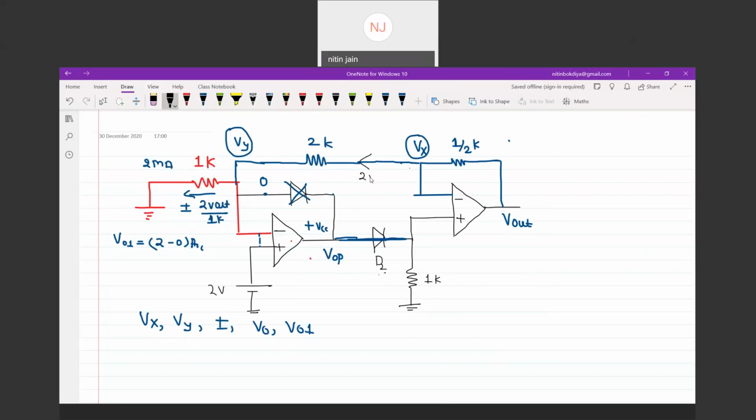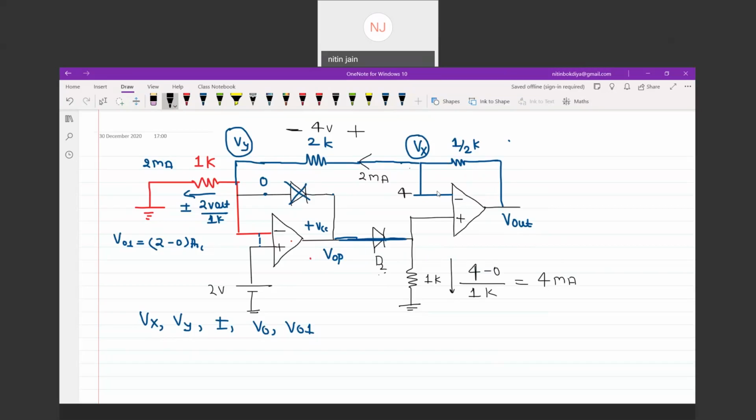If this current is 2 milliampere, the potential drop here is equivalent to 4 volt. And this potential is 0. We are going minus to plus, so this potential is also 4 volt. So this current will be 4 minus 0 divided by 1k, which is equivalent to 4 milliampere. So this current is equivalent to 4 milliampere.